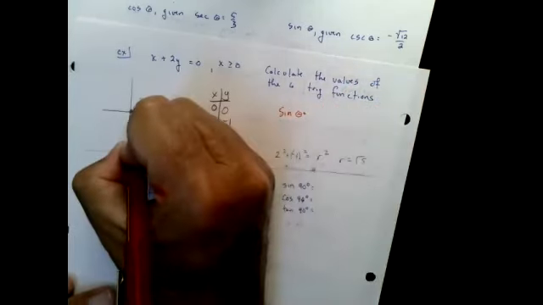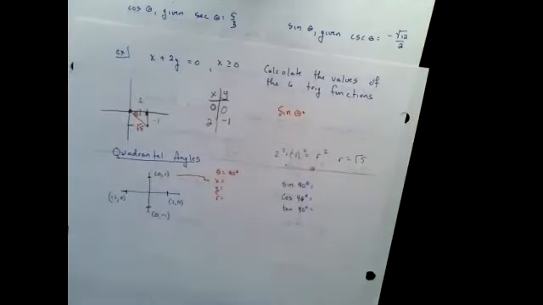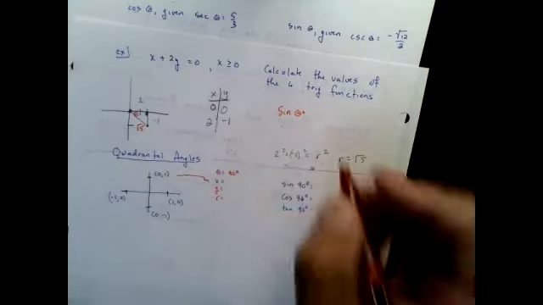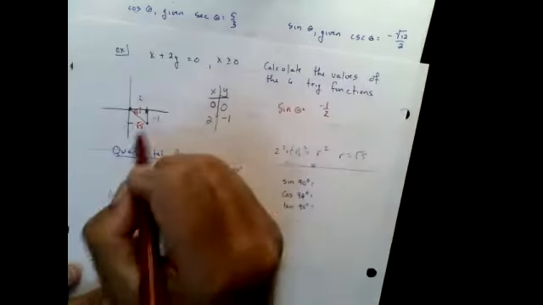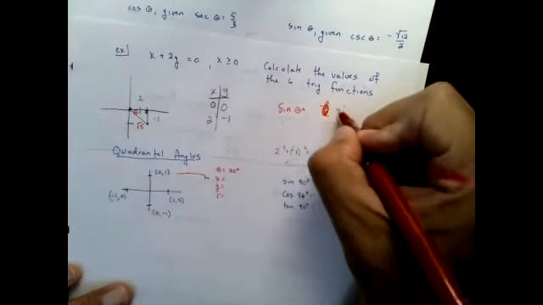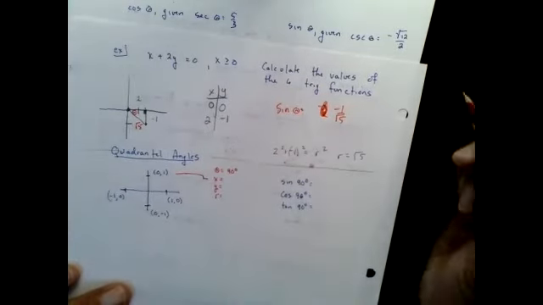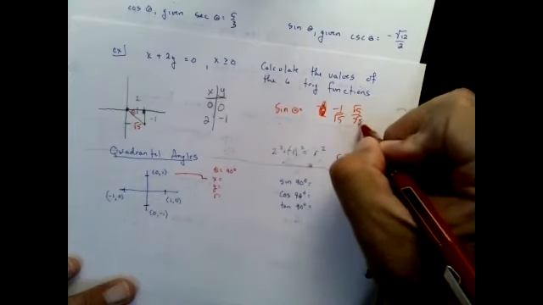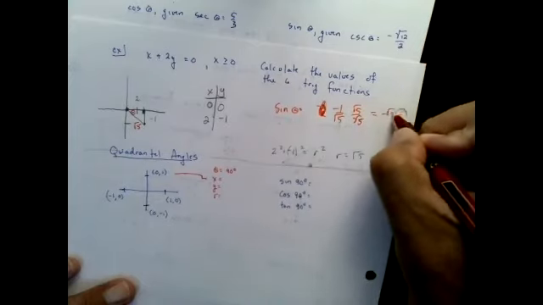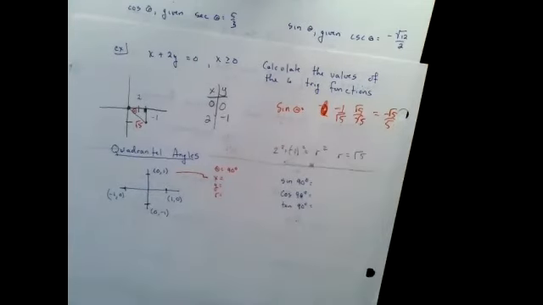And again, theta is right here. Sine is opposite over hypotenuse, so -1 over square root of 5. I have to rationalize again. I get negative square root of 5 over 5.